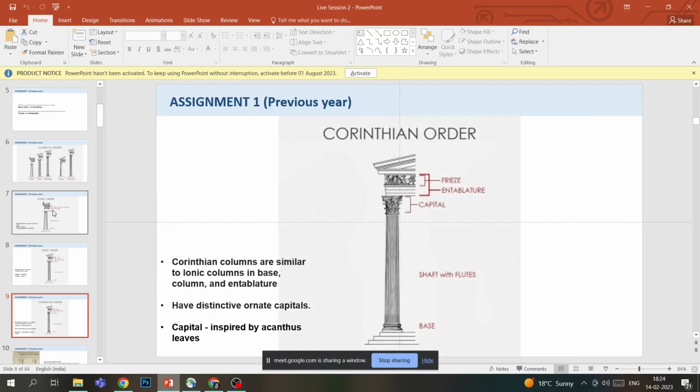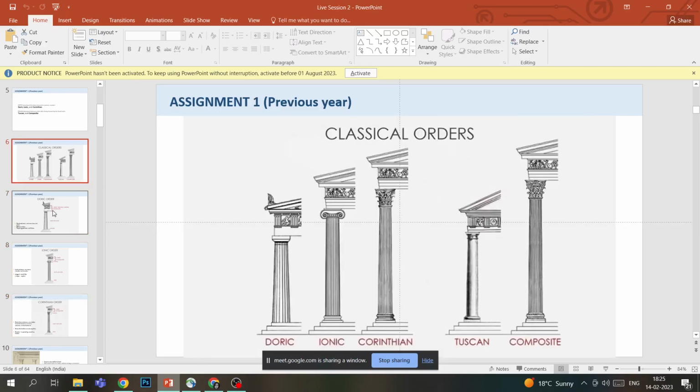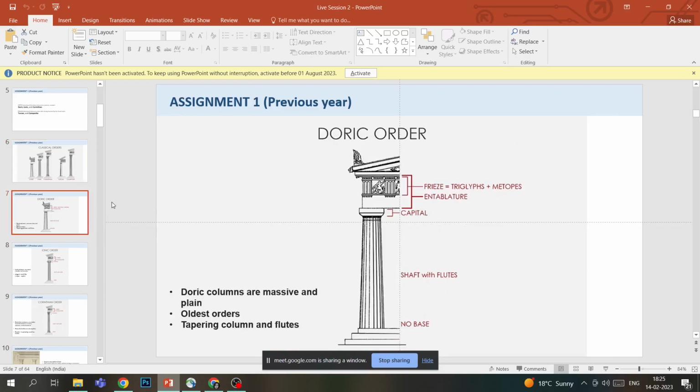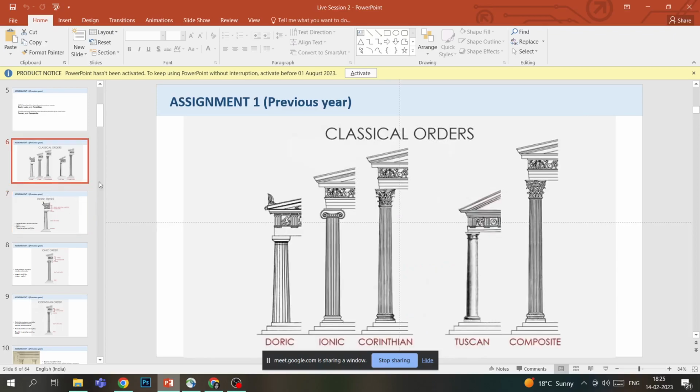The important feature of the Corinthian order is that it is more or less similar to Ionic columns, for example in how the base looks, how the column looks, and how the entablature looks. As you can see in this image, the entablature, basically the horizontal part right above the capital, of a Doric column is different, while the entablature of Ionic and Corinthian is the same.